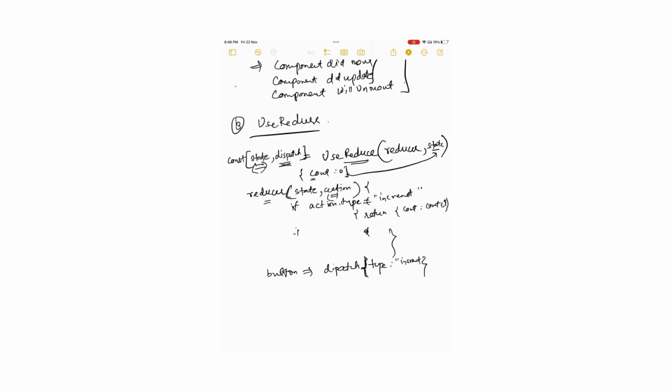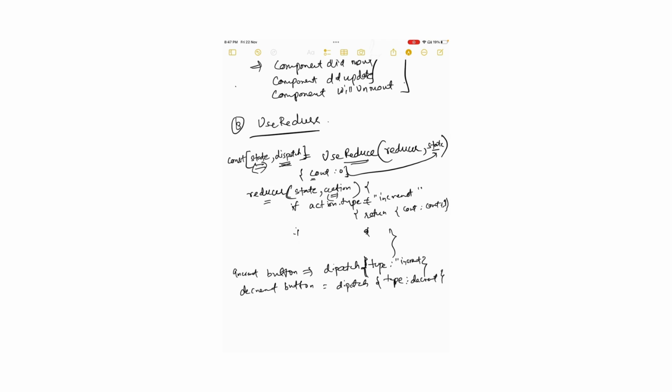Okay, and we can have another button. We can call it increment button. We can have a decrement button, and this button will do the same thing. It will call the dispatch with type as decrement.